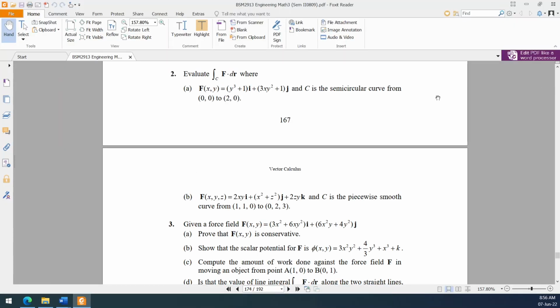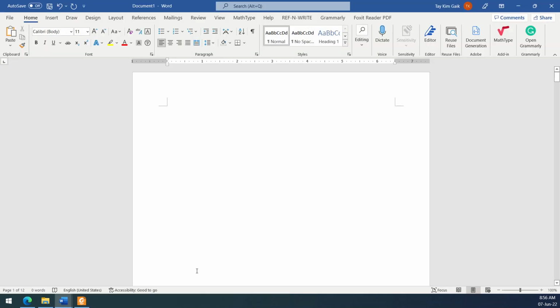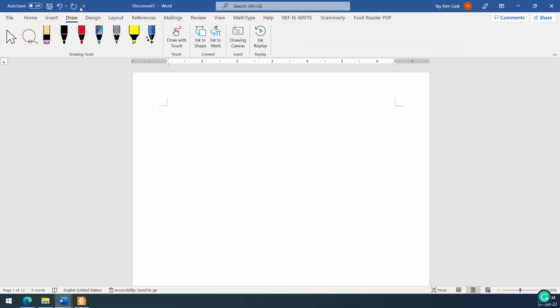Okay, so the exercise 4H question 2. Question 2. Evaluate the line integral of F dot dr. This is a line integral of a vector field.